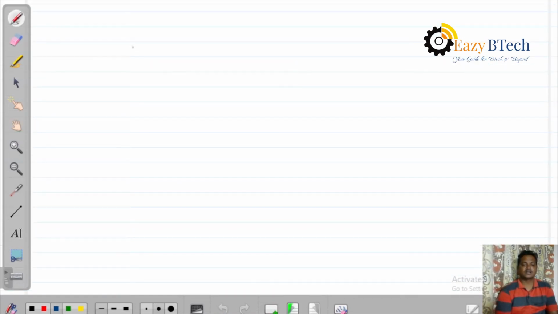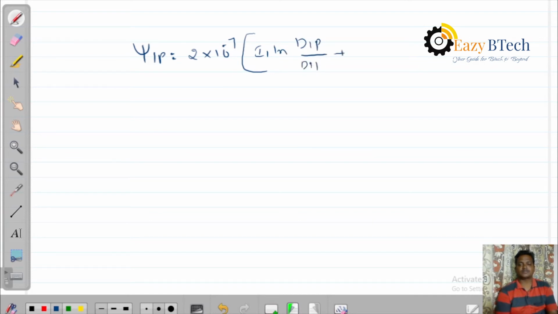What you get? Psi 1p equals, if you take common 2 into 10 power minus 7, the expression becomes I1 ln d1p by d11, we can write it as r dash also, plus I2 ln d2p divided by d21, like that up to In ln dnp divided by dn1. This is the expression.